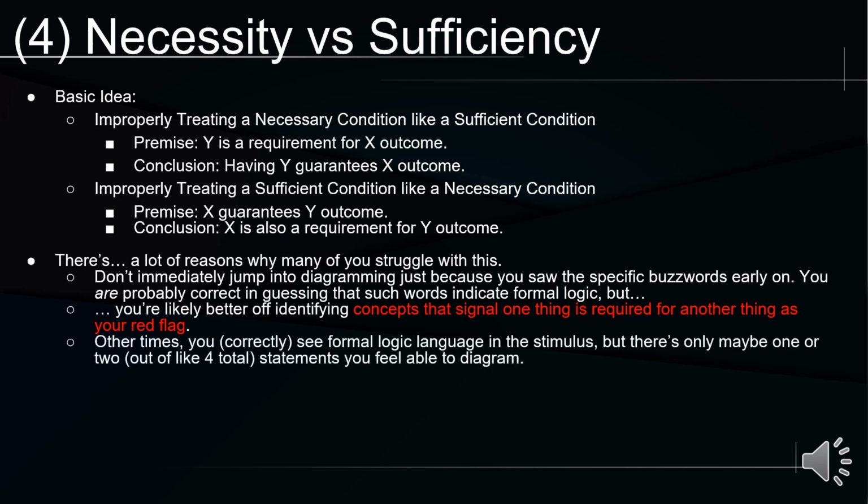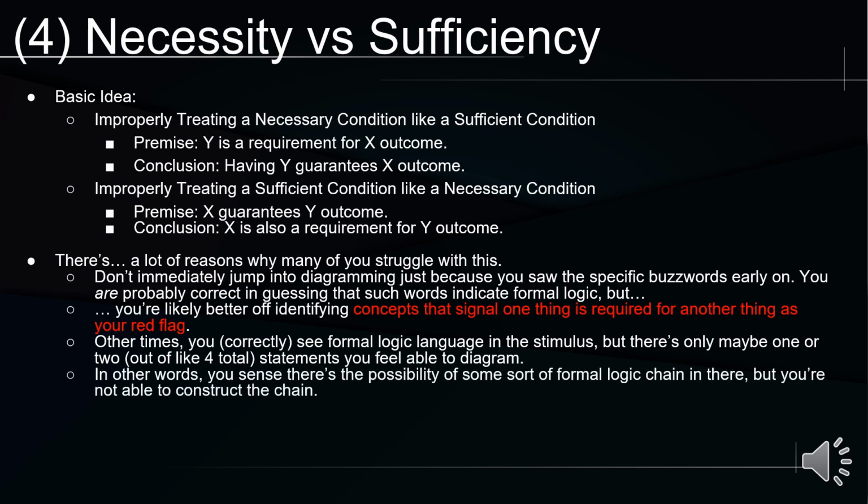Other times, you correctly see formal logic linked to the stimulus, but there's maybe only one or two out of a total 4 or 5 statements that you feel able to diagram. You see that there's a bunch of stuff going on, but you can really only diagram one or two of them with any confidence. In other words, you sense that there's a possibility of some sort of formal logic chain. You've seen those, right?